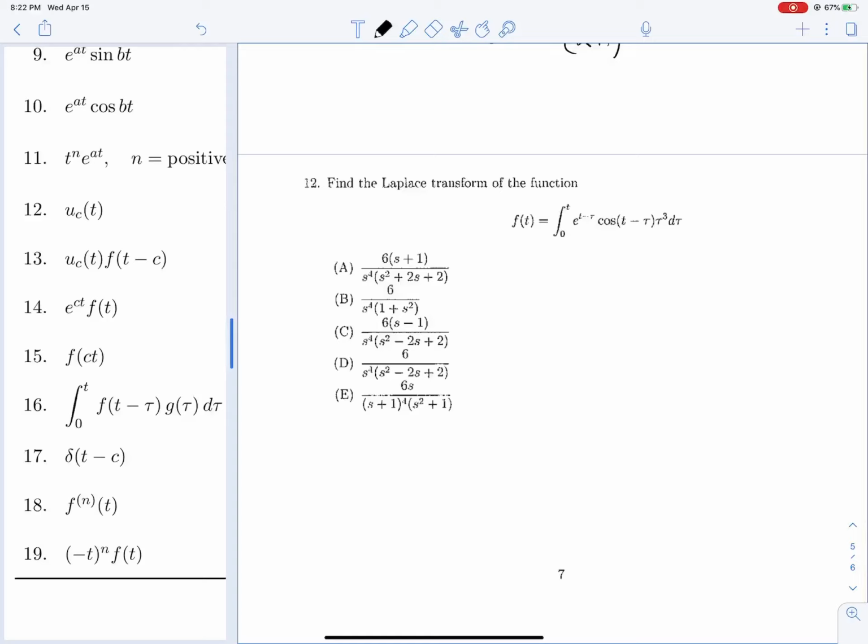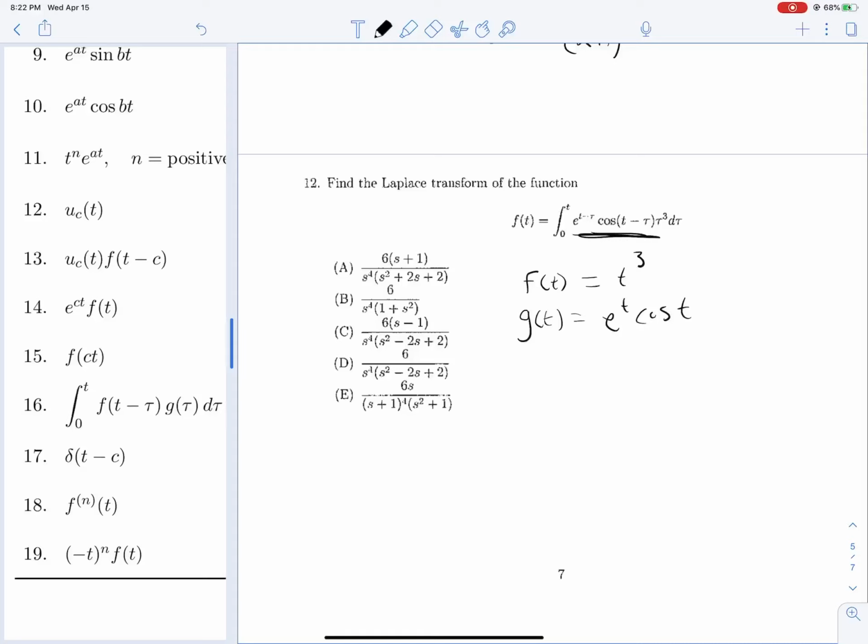So our function f of t is t cubed up here because that's the only thing that doesn't have a t minus tau replacing all of its t's or taus. And then g of t is everything in here that has t minus tau, just replacing those t minus taus with t's. That's e to the t cosine of t.